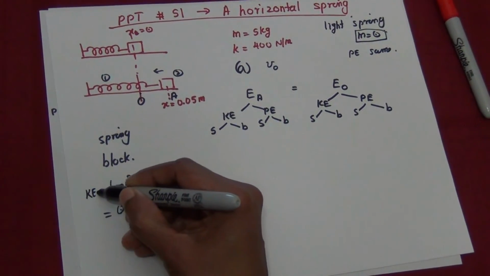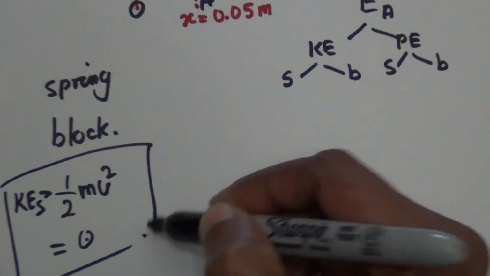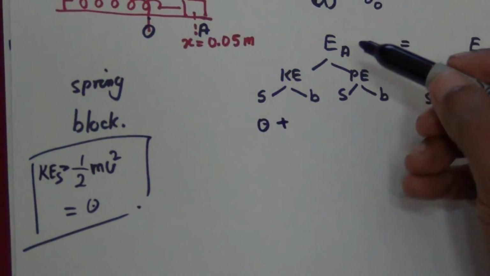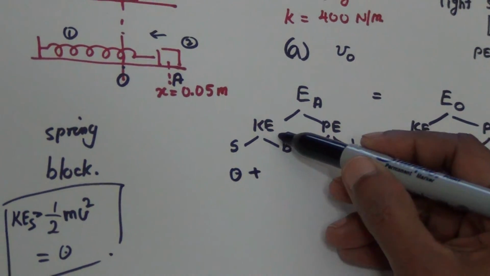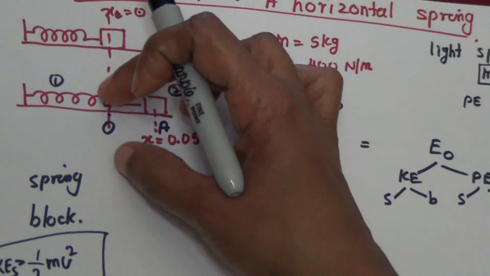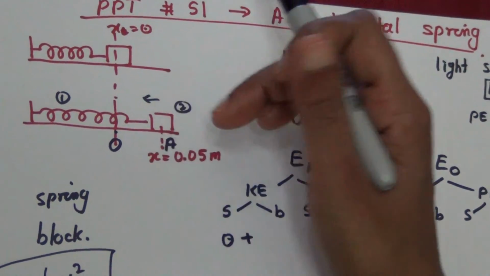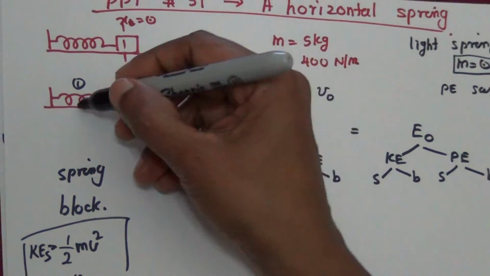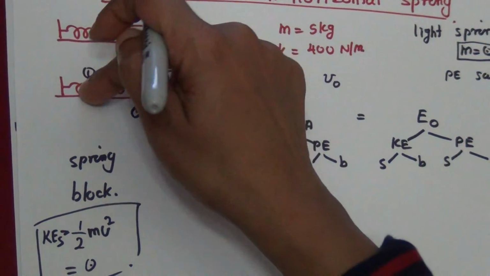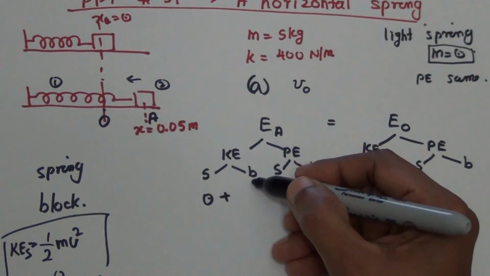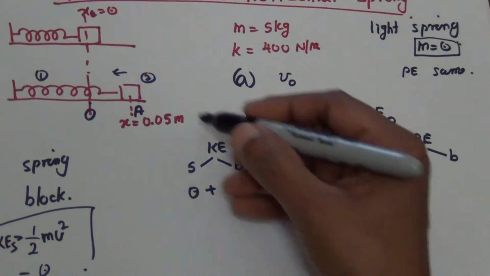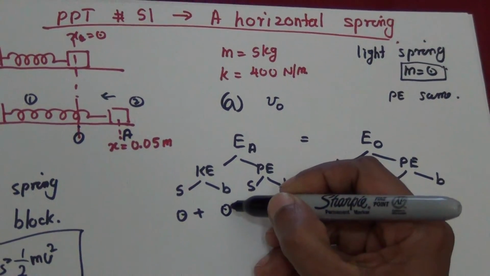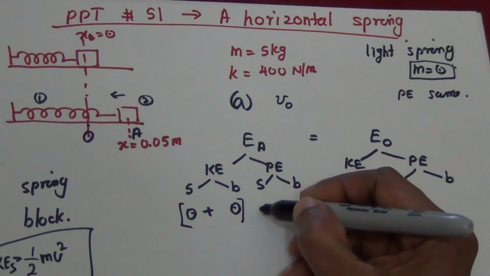So the kinetic energy of the spring is 0, and at A the kinetic energy of the block: we pull it and leave it here, so at this point the velocity or speed is 0. It's going to move back and forth, so at these edges the speed is 0. So the kinetic energy of the block at A is also 0. This is the kinetic energy of the system.